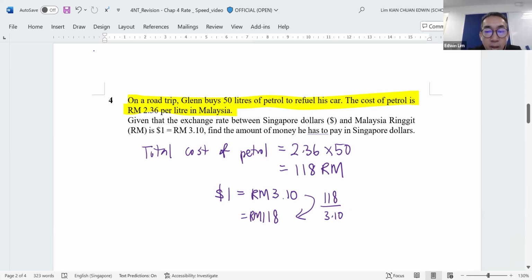All right, I will get the value of 38.0645. Since this is money, I will stop at 2 decimal places. So my answer will be 38.06 Singapore dollars.